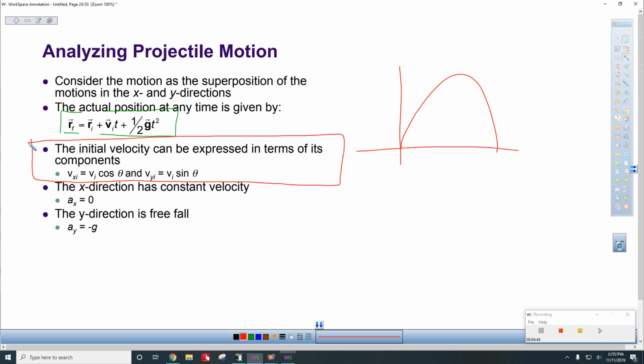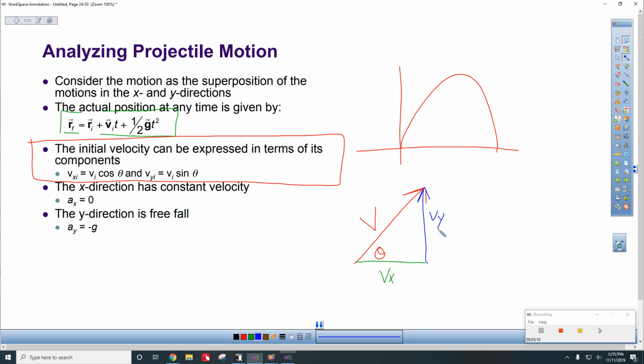If we launch something at some angle, at some initial velocity, then if we wanted to break it up into components and call this v sub x, well, let's change color, and v sub y, well then we would just use cosine and sine, just like we did.